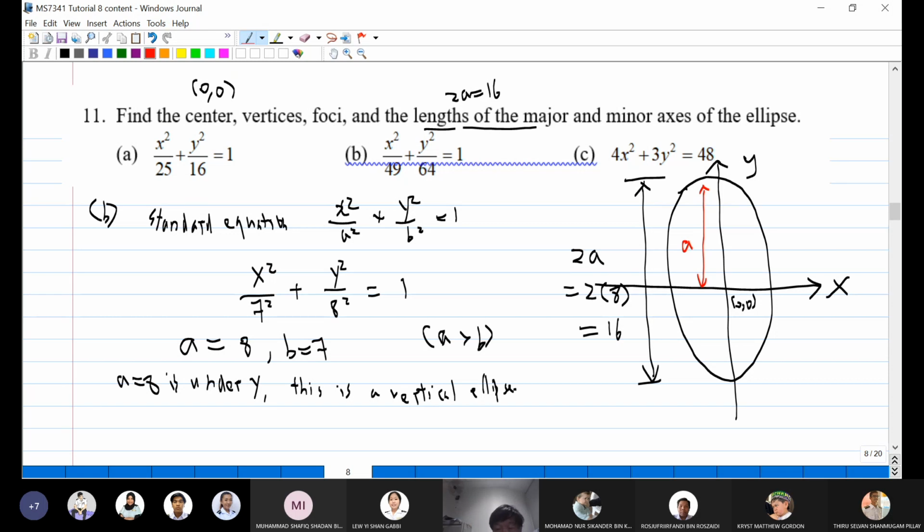If you know that, this point will be x equal to 0, y equal to 8. And then this point, also a here, so this point should be 0, minus 8.